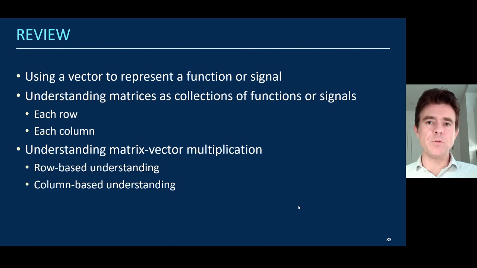And then we can also begin to understand matrix vector multiplication in two very key ways, either the row-based understanding involving scalar products, that's taking a function, point-by-point multiplication with another sampled function, and then you sum together the result to get the output element, the scalar product output, or indeed the column-based understanding, where you take the input vector as a set of weights for all of the matrix columns, which you then add together to get the output vector.